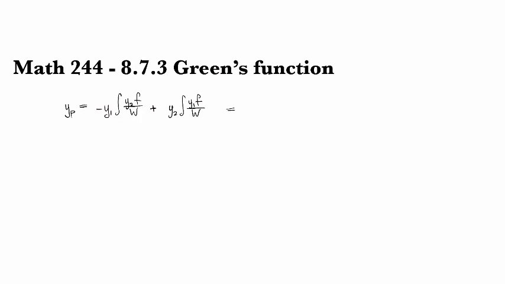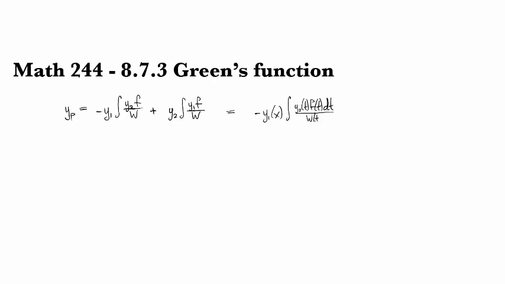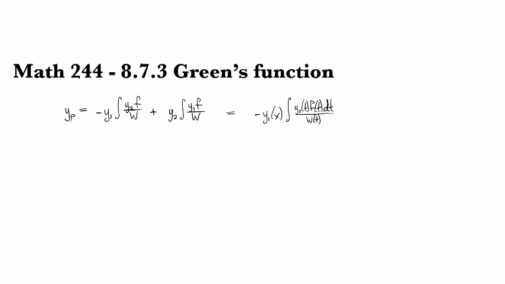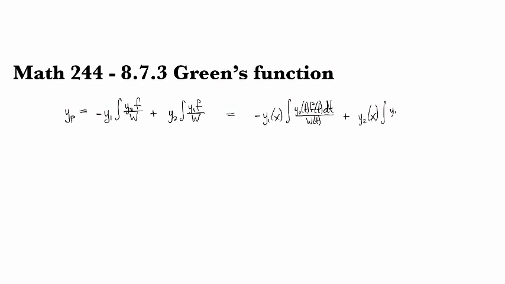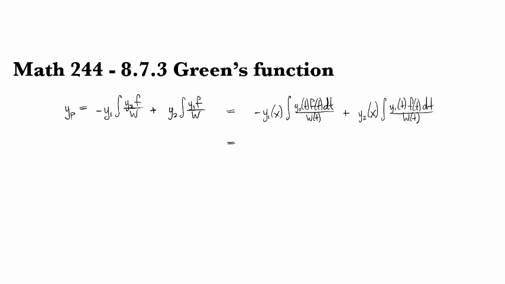So the idea is that we have y1 of x on the interior, and on the interior let's use a different variable, so we have y2 of t f of t dt over w of t, and then y2 of x integral y1 of t f of t dt over w of t. And so now I can put these inside.